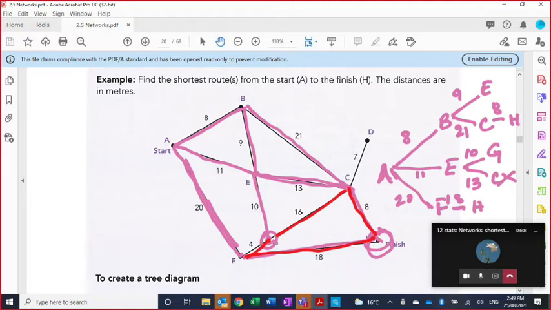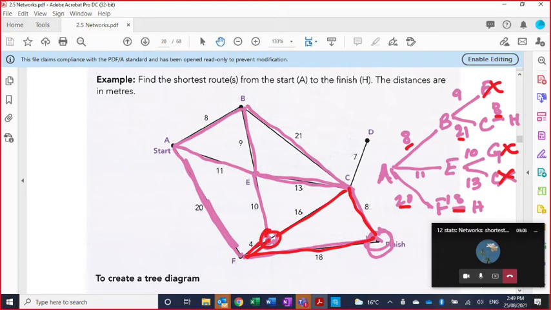So the E one didn't work. This C one did not work. And this G one, there's no point in pursuing that one either. So the only two that I really need to look at are here and here.